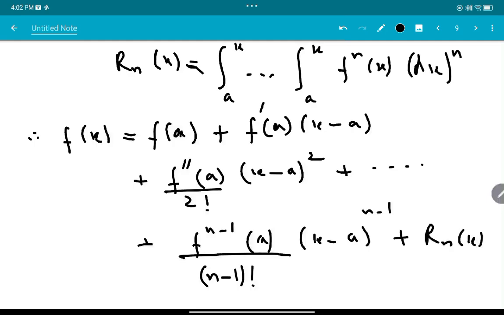Now this is what we call Taylor's formula. If we let n tend to infinity, if n becomes very large, the number of terms included in the series becomes very large, and in that case, if we assume that R n x also becomes very small and we can ignore it, then we write this without R n x, and it is called Taylor's series.